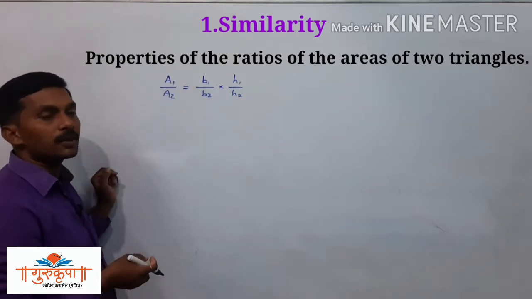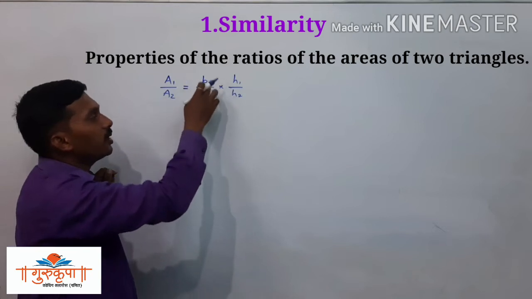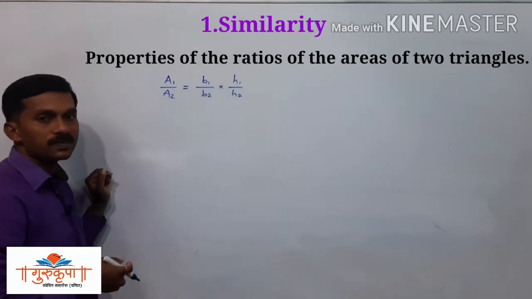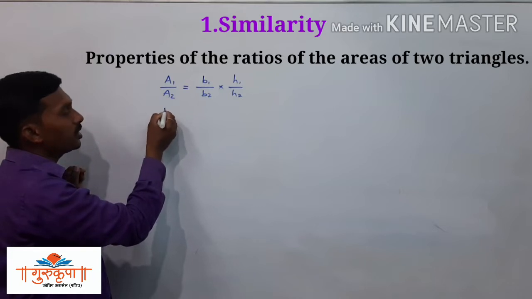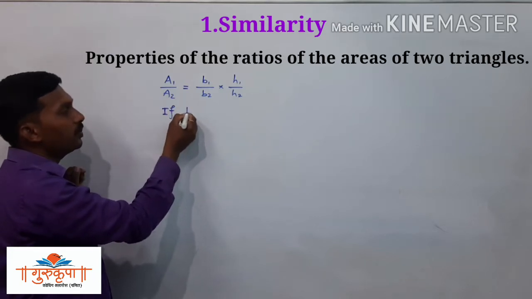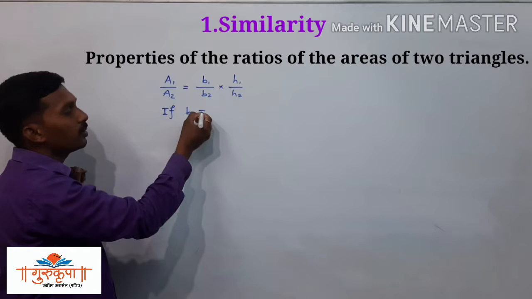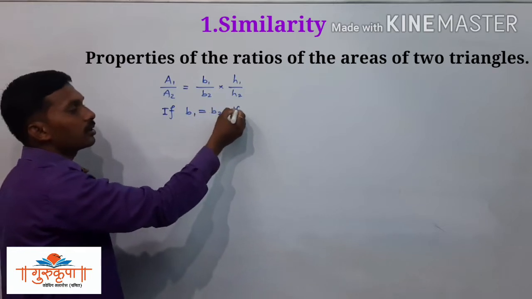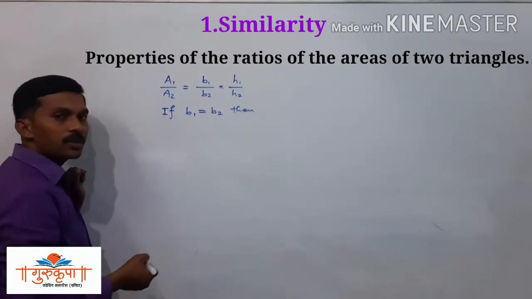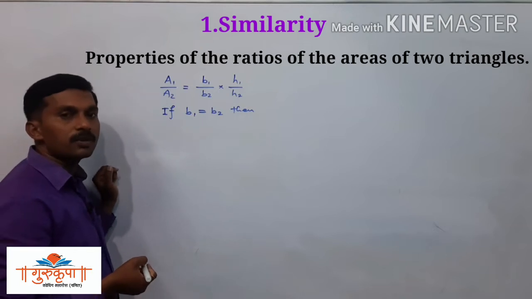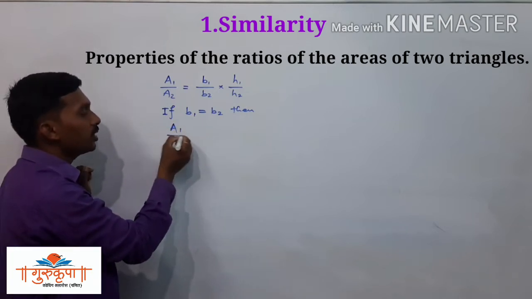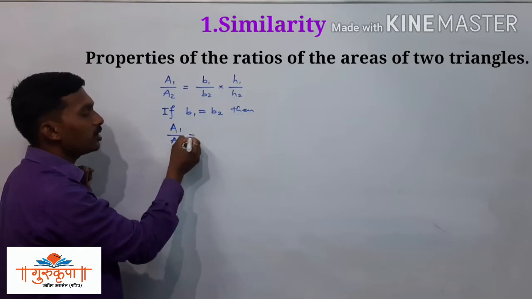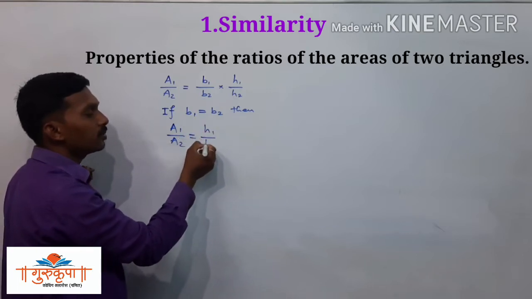Now in the second property it is given that B1 and B2 are equal. That is the given information. If B1 is equal to B2, then that is the first condition. When the bases of both the triangles are equal, at that time we can write A1 upon A2 is equal to H1 upon H2.